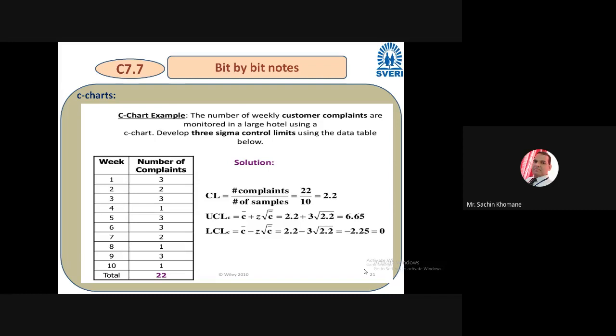Obviously we should take corrective action, yes, but how, means how will you take it? No answer. See this C chart example, with the help of that we will see.